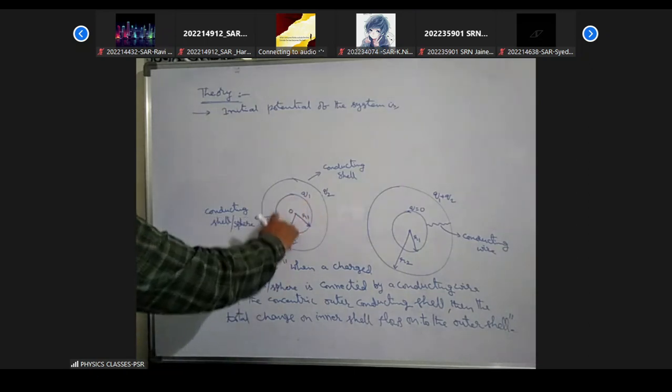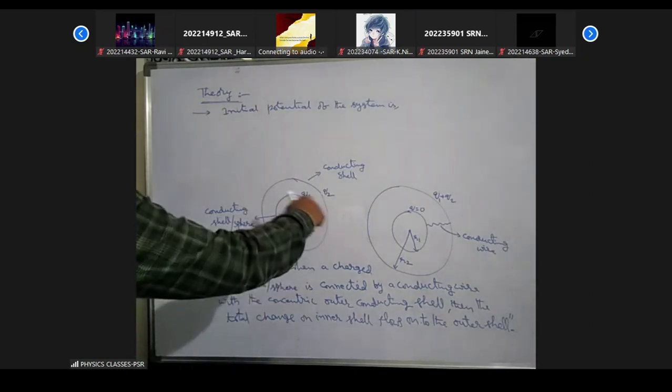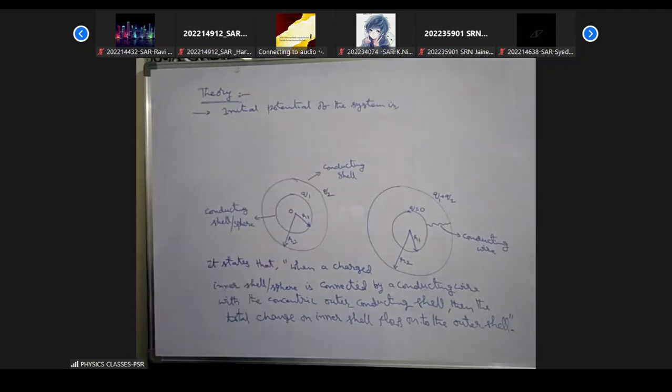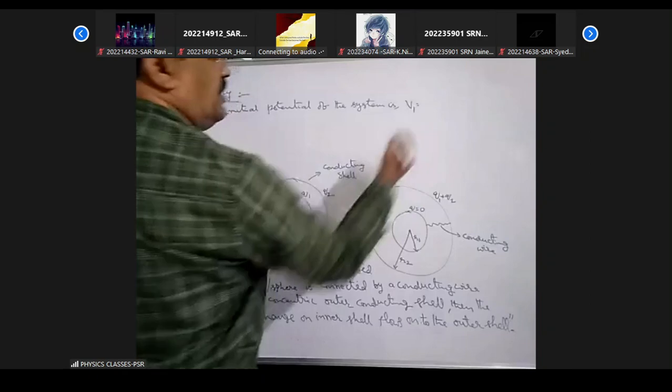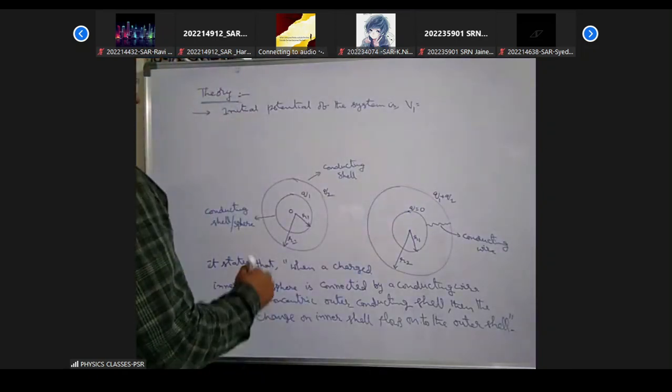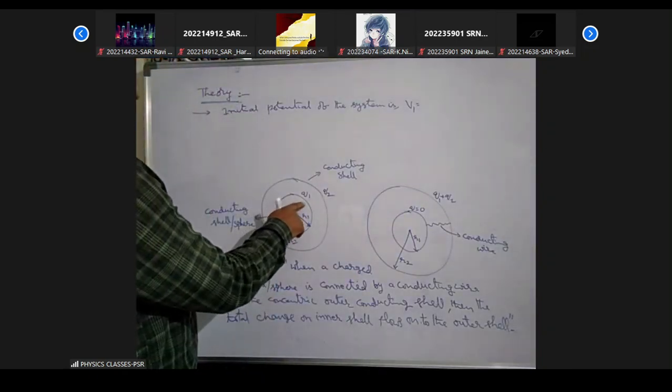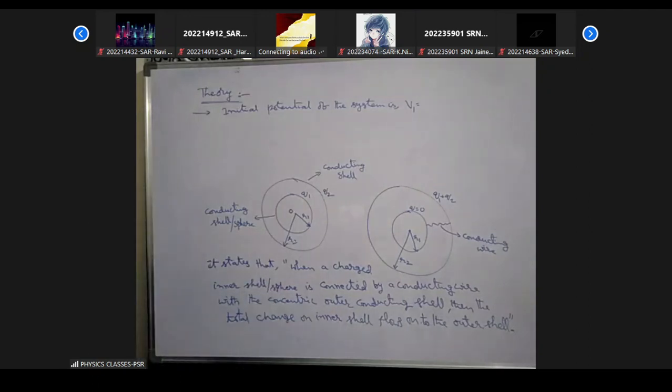Charge Q1 is on the inner shell, charge Q2 is on the outer shell. Initial potential of the system, V1, is equal to how much? What is the potential of a charged shell?